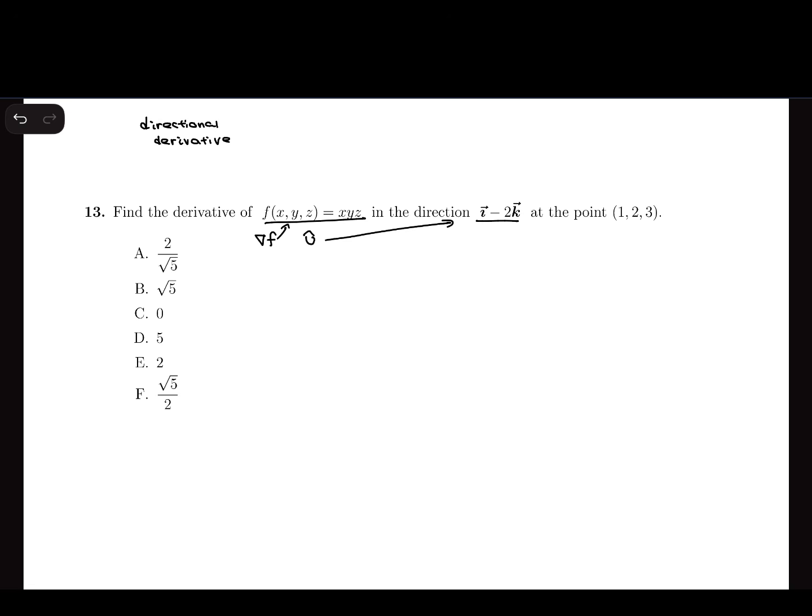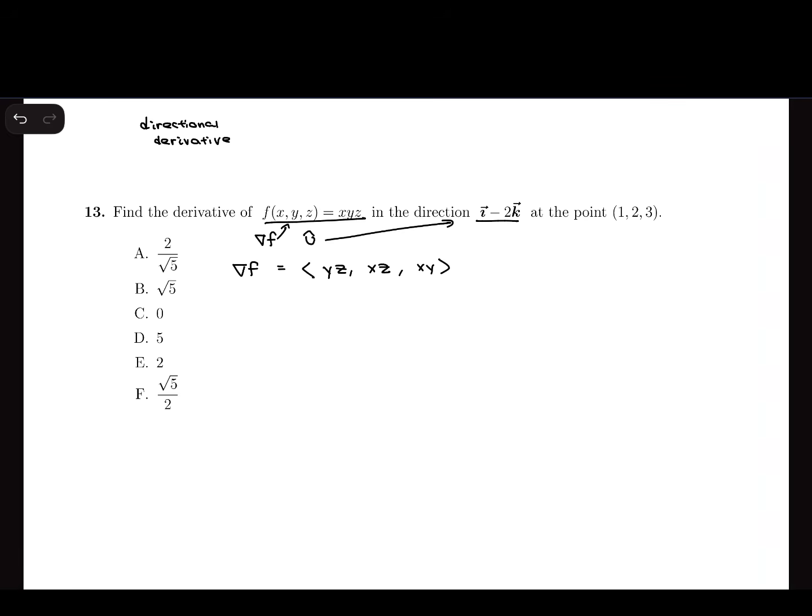So remember, for the gradient, you take the partial derivative of each component with respect to x, y, and z. x times y times z with respect to x is simply yz. With respect to y it's xz, and with respect to z, it's xy.